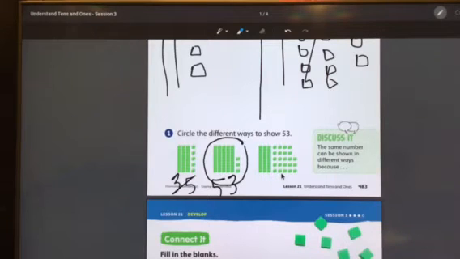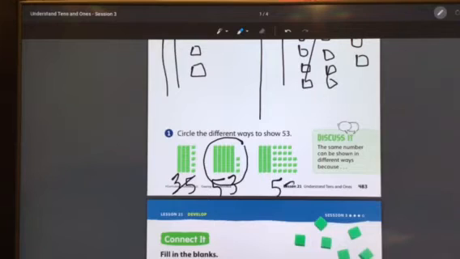How many is that altogether? 10, 20, 30, 31, 32, 33, 34, 35, 36, 37, 38, 39, 40, 41, 42, 43, 44, 45, 46, 47, 48, 49, 50, 51, 52, 53.